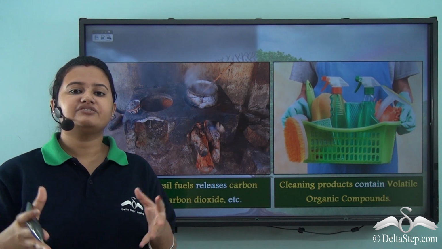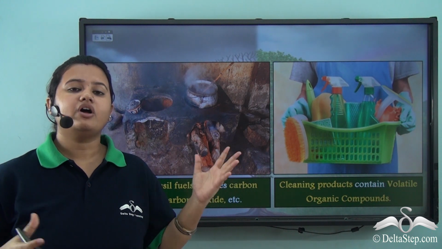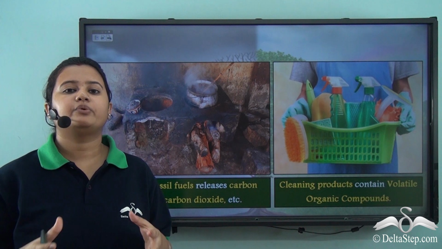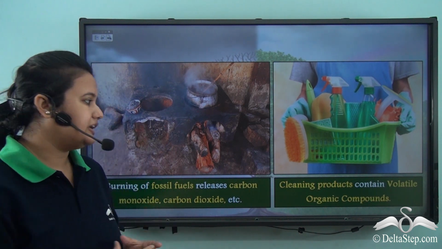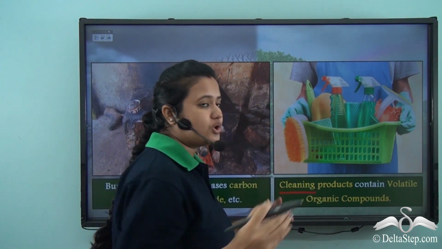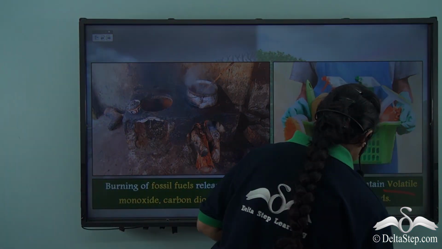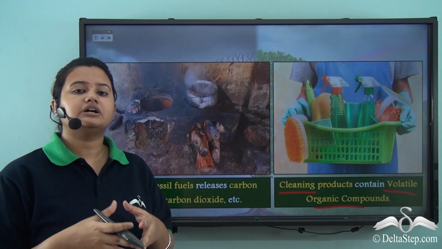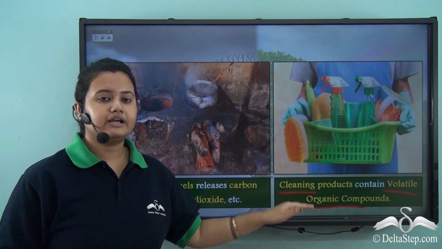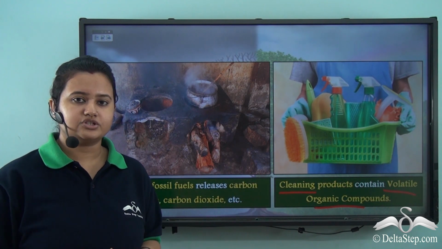Like surface disinfectant spray to clean your houses. Now you will be surprised to know that these cleaning products contain toxic chemical compounds like volatile organic compounds. Now if you remember, I mentioned earlier that volatile organic compound is a major air pollutant.